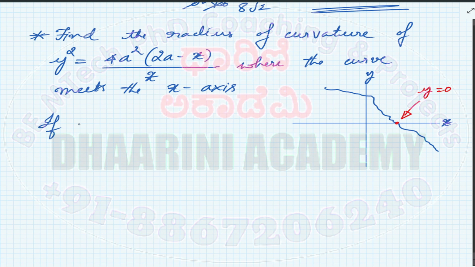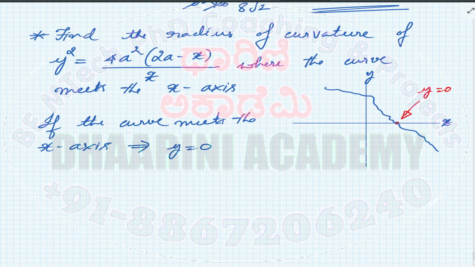So if the curve meets the x-axis, this implies the y value at that point is equal to 0. So in the given function, y square is equal to 4 into a square into this, the y becomes equal to 0.